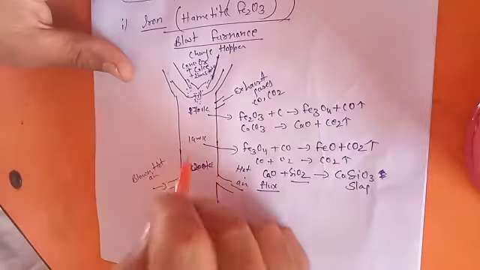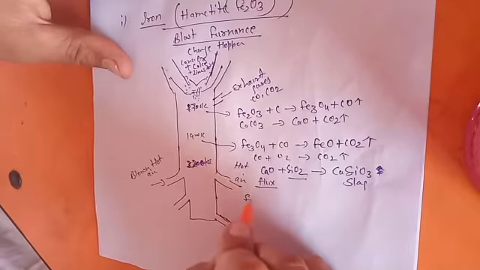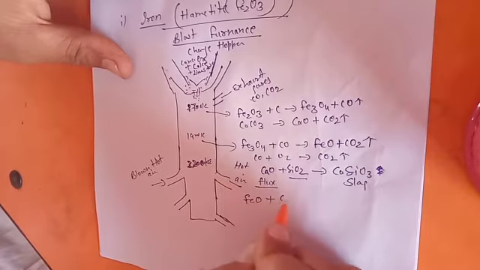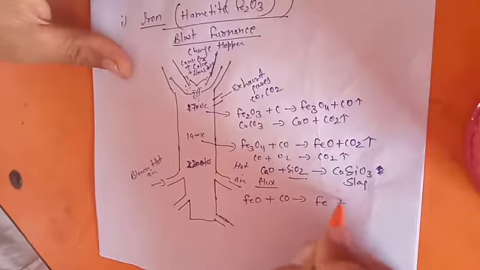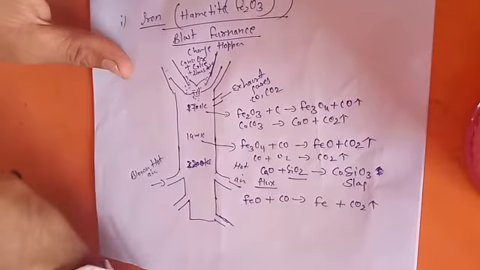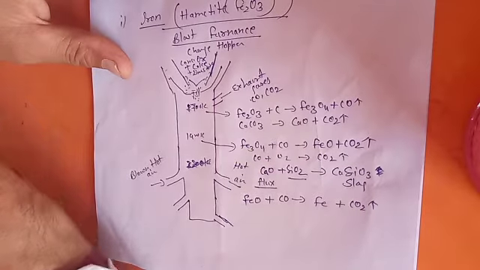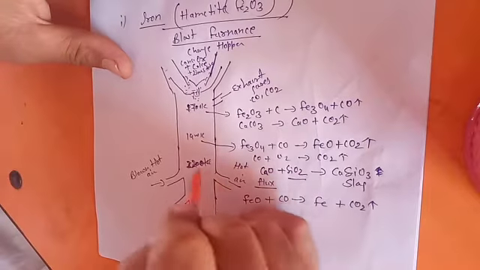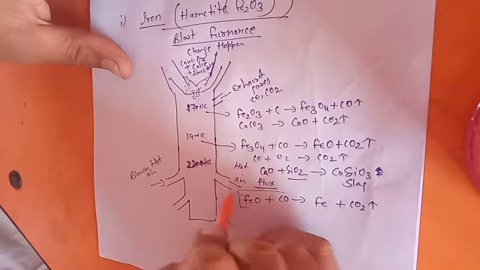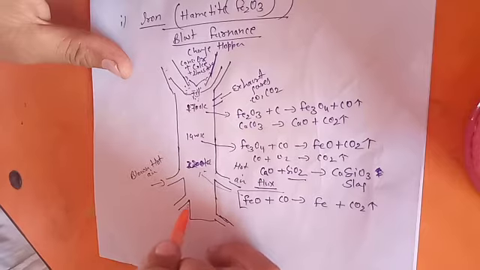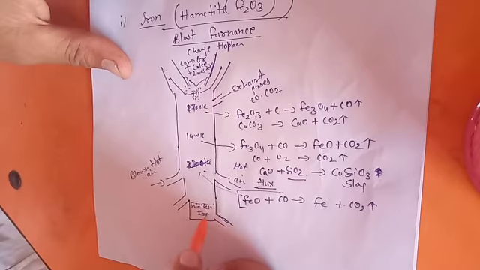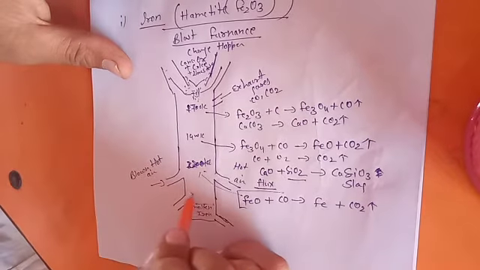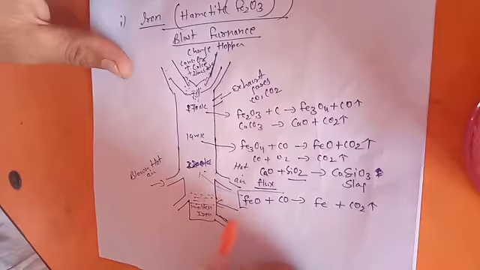As we move down, FeO combines with carbon monoxide and gets converted into iron and carbon dioxide. So this whole process happens in different zones at different temperature ranges, and this final step happens in the final, hottest zone. Here the molten iron collects, and here is the formation of slag.